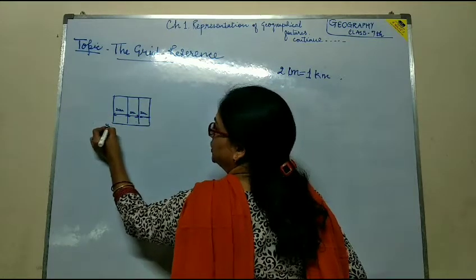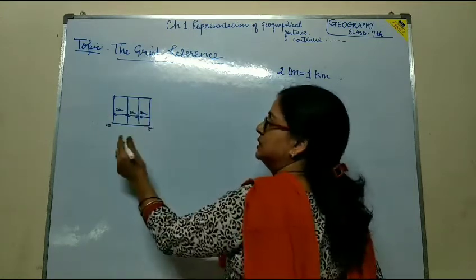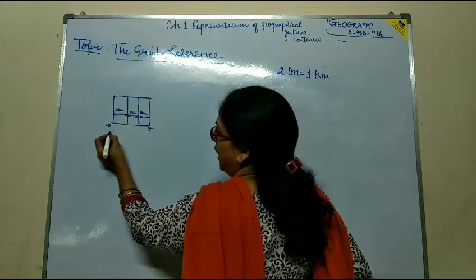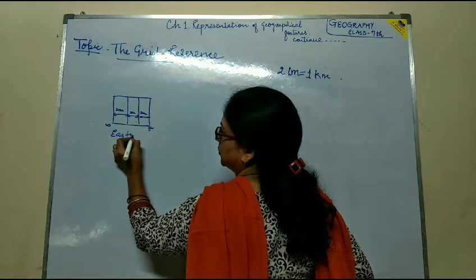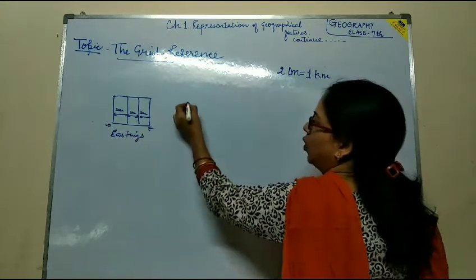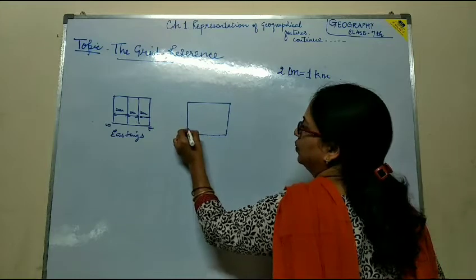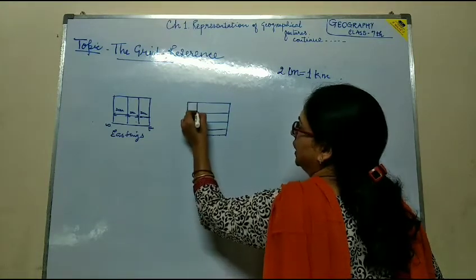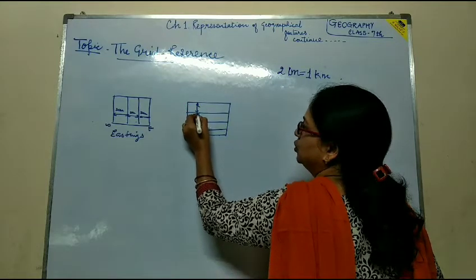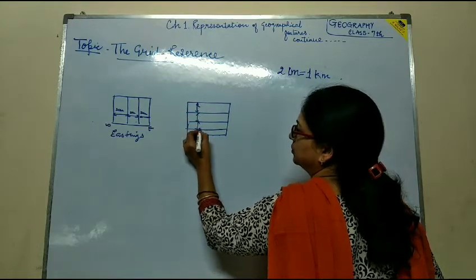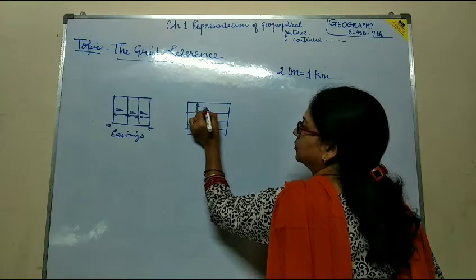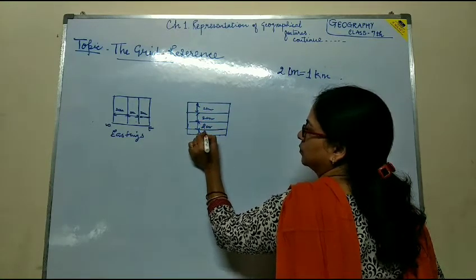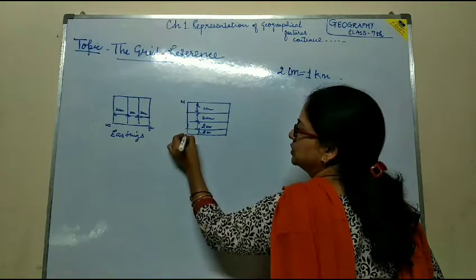From west to east. These lines, the vertical lines, are called the eastings. And on the other hand, we will find the parallel or horizontal lines, again having a distance of 2 centimeters each, from north to south.